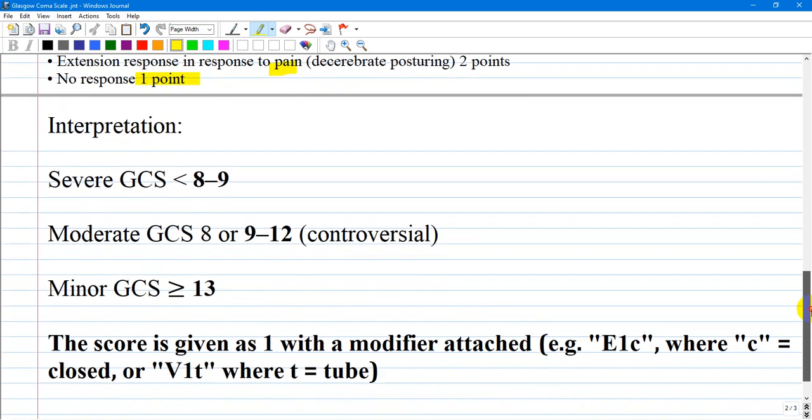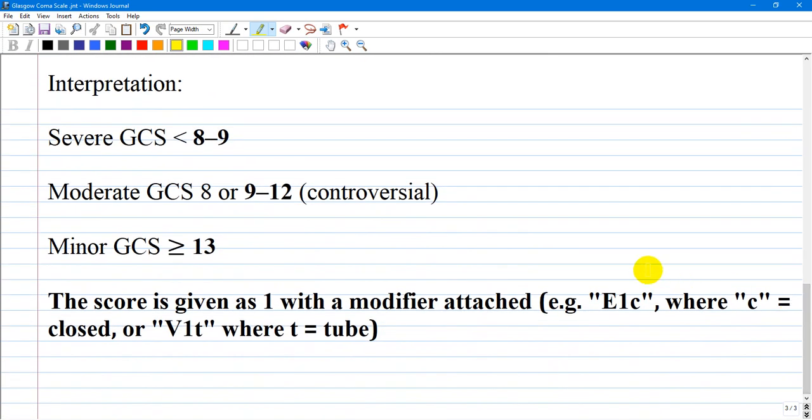How about interpretation of the scoring? Individual elements as well as the sum of the score are important. A patient with a score of 3 to 8, or less than 8, is usually considered to be in a coma.